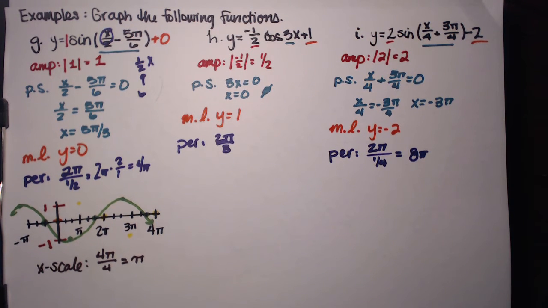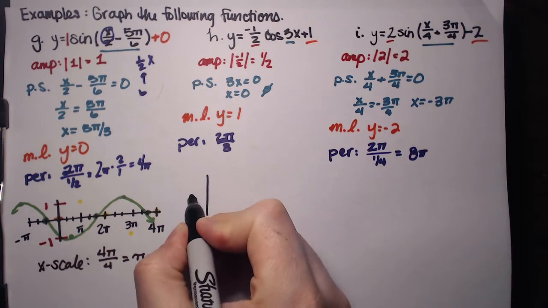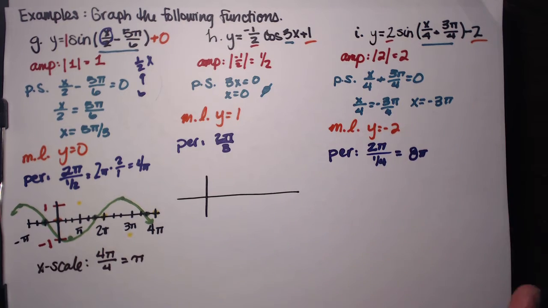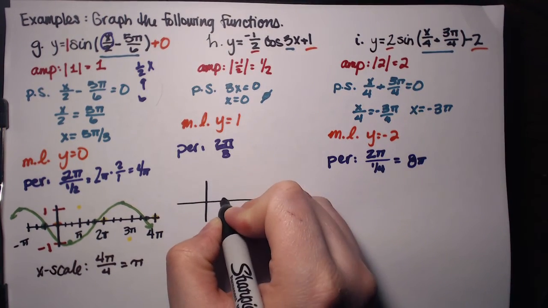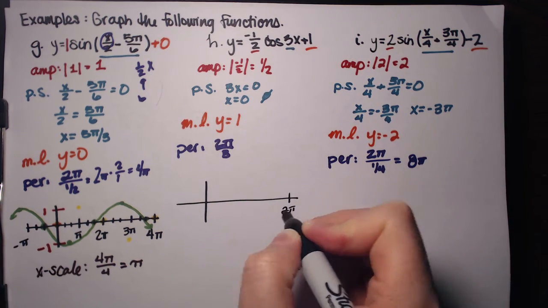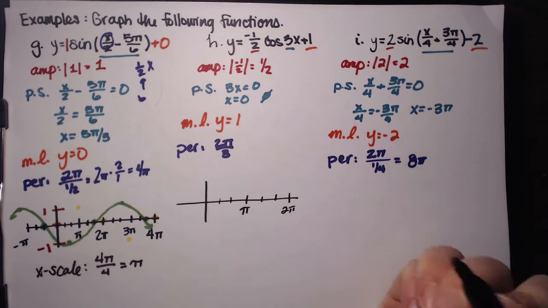So then this next one, the period is 2 pi thirds, and there's no phase shift. So let's just do, I don't know, 2 pi, pi third marks.